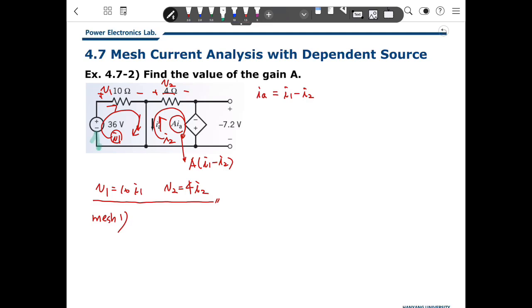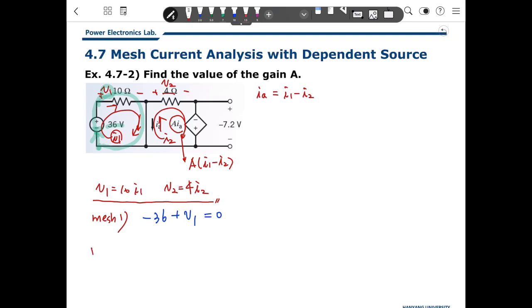I will start here. I meet minus 36, and I meet plus V1. So we write plus V1, and at the ending point it will be 0.